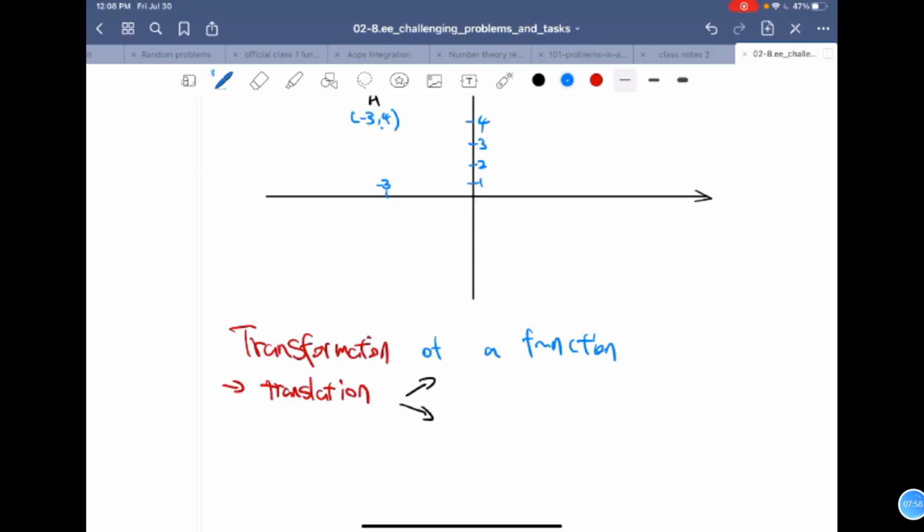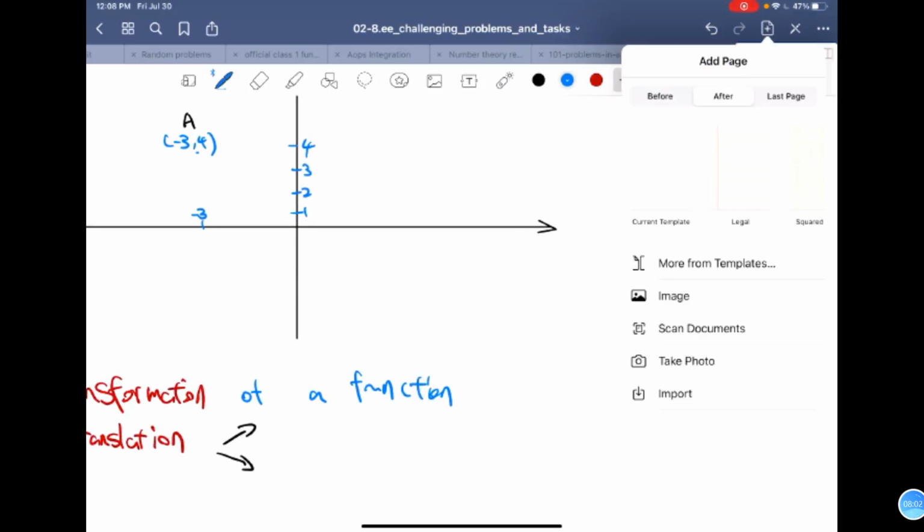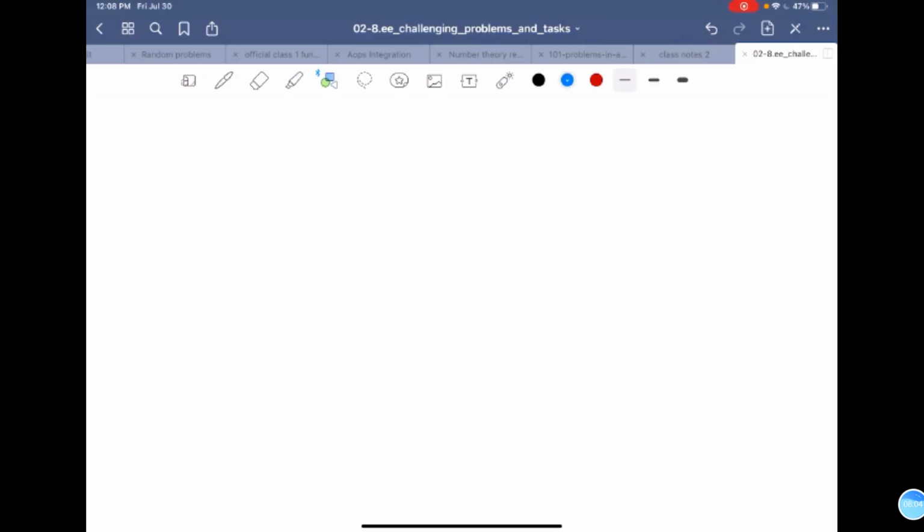Sorry about that. Translation is basically, say you have a shape, which is pretty much what Alan has suggested. It's just keeping the same shape, but you're moving it around. In general terms, it's just moving without changing anything.